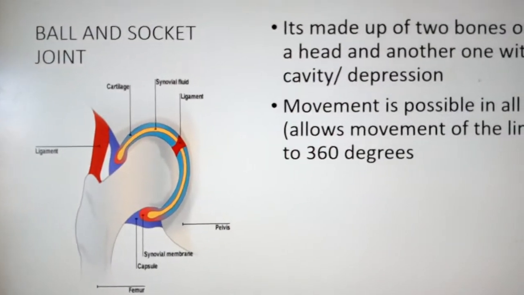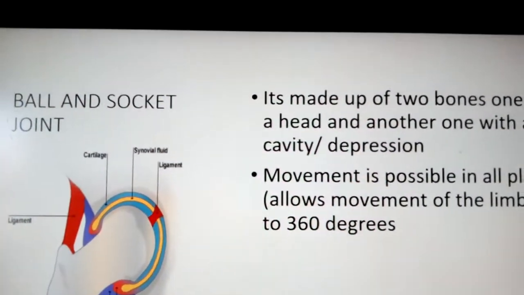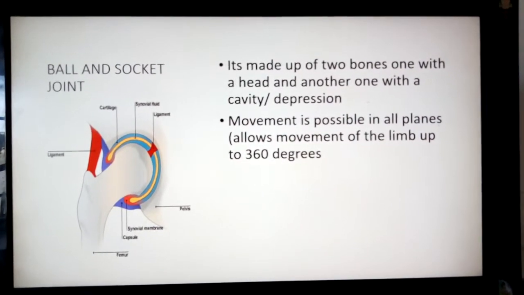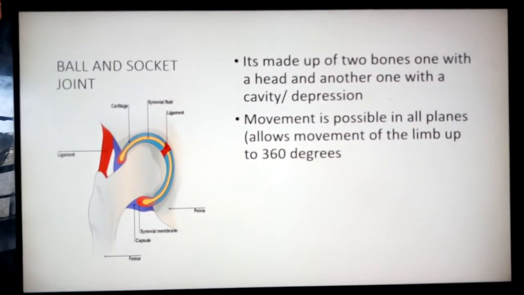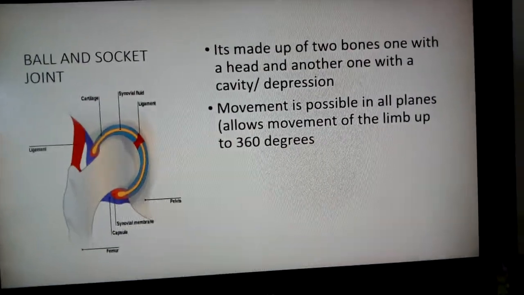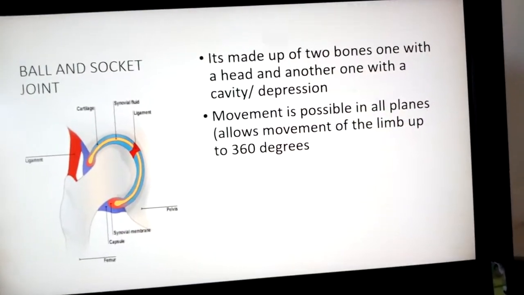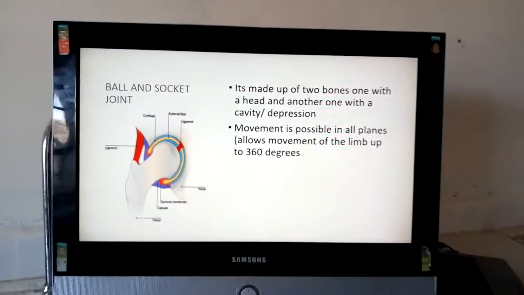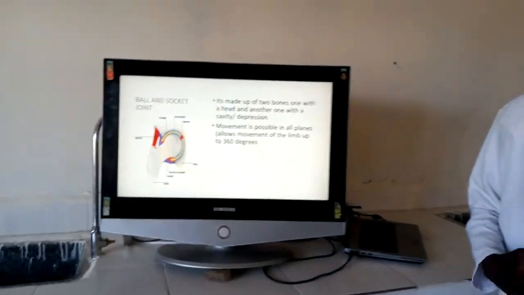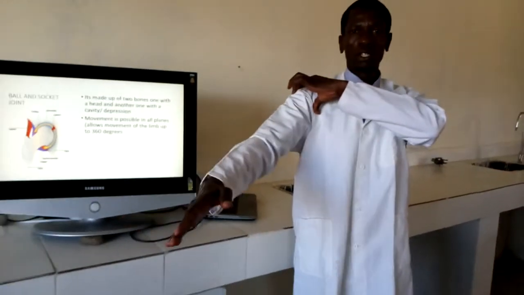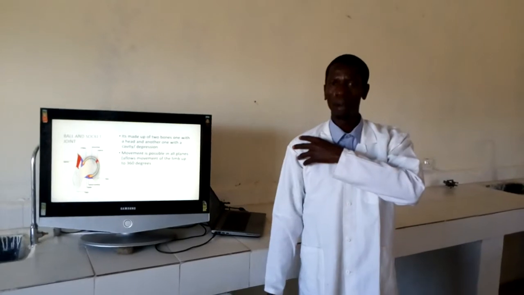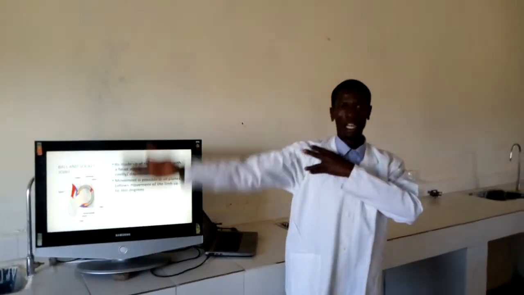The ball and socket joint allows movement of up to 360 degrees. In this case, the movement is possible in all planes. When I say the movement is possible in all planes, I'm referring to the instance where, if this is the ball and socket joint found at this point, it can enable my arm to move up and down.